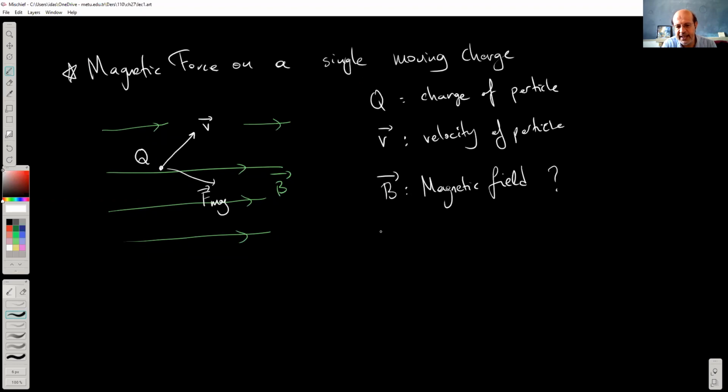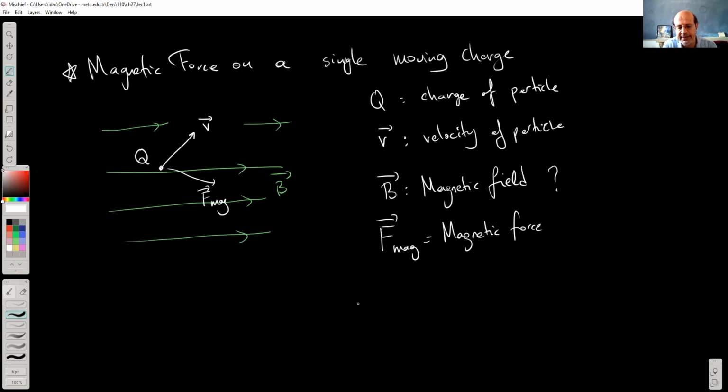And then there's this force, which I'm going to show by F mag. Later, I'll just call it the force.